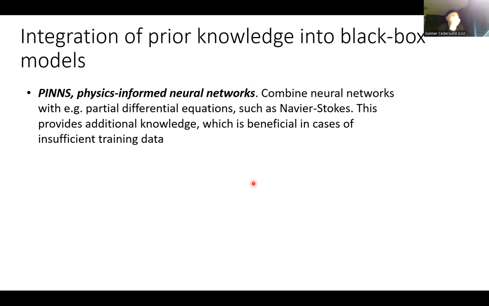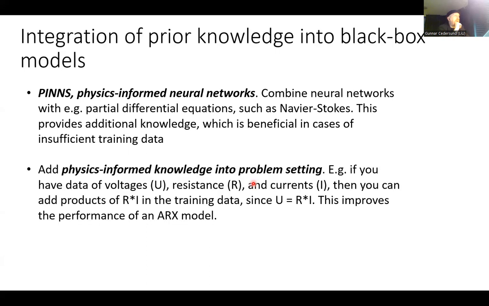Then you might combine a neural network with some kind of partial differential equations, such as the Navier-Stokes equations for simulating blood flow, which provide additional knowledge and which is beneficial, especially when you don't have enough training data to learn all of the information that's already embedded in the Navier-Stokes equations. So these types of neural networks are called PINNs. And some people think that they are a very good idea.